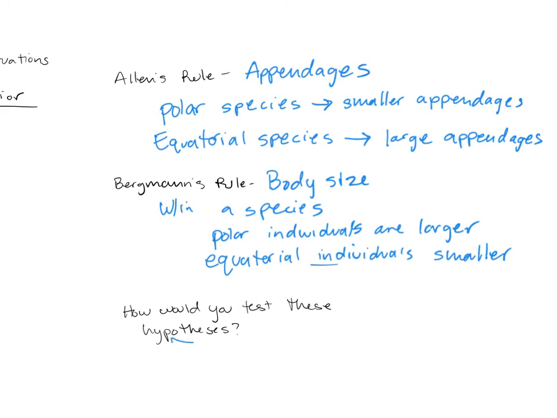And how would you test these hypotheses? Well, you could look at deer species that have a very north to south population range, but that really wouldn't be testing. It would add evidence, but it would just be correlative data.